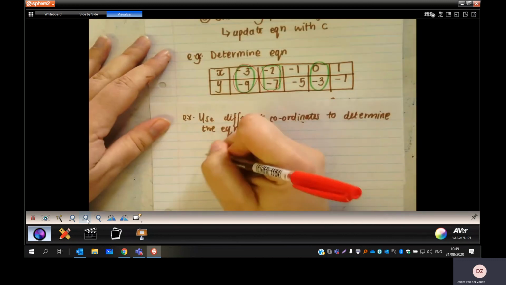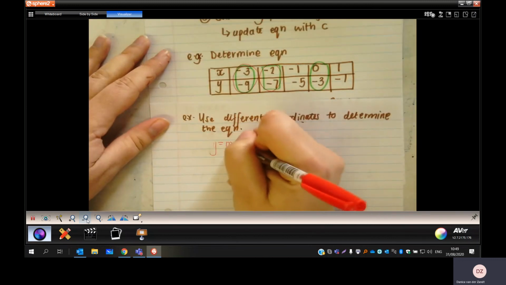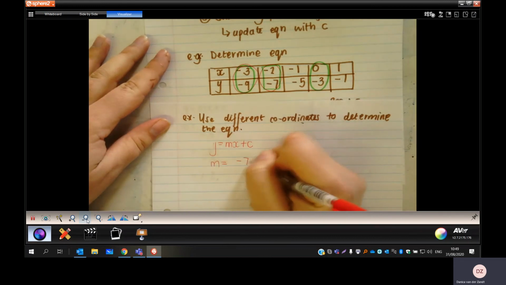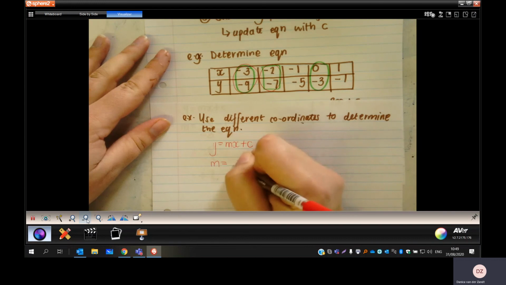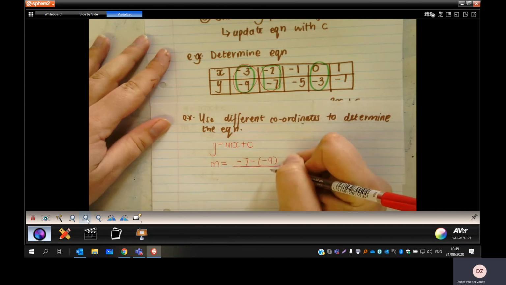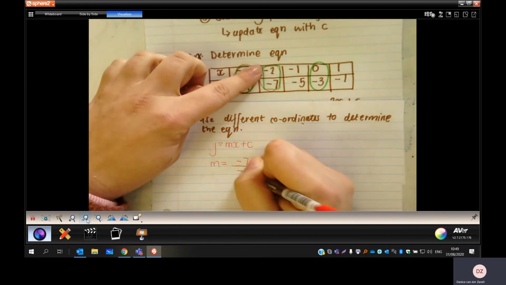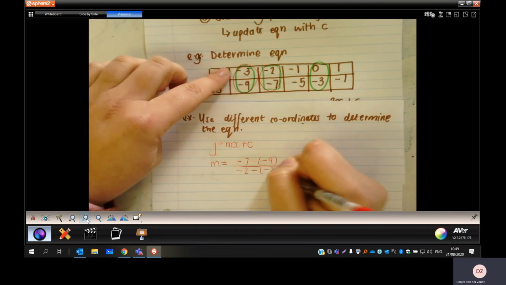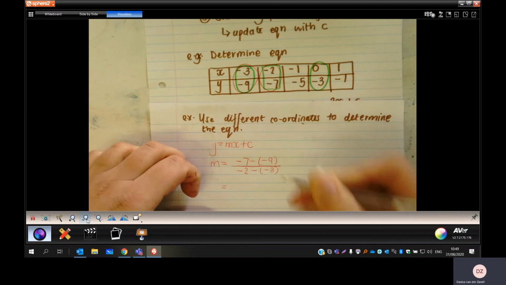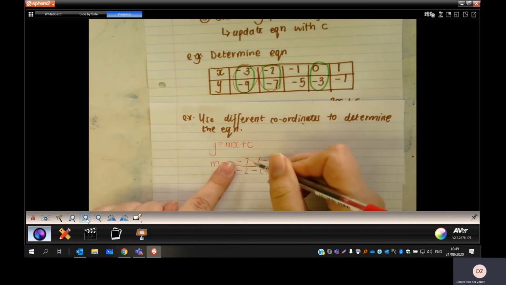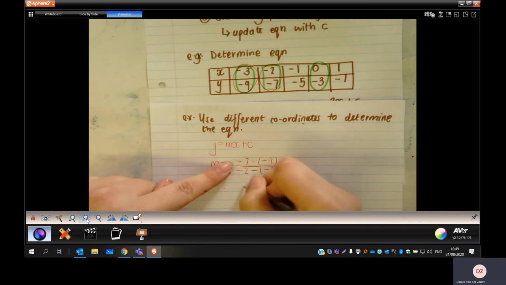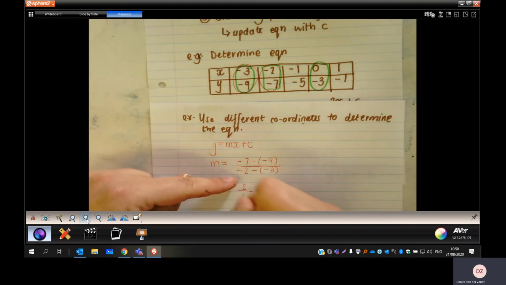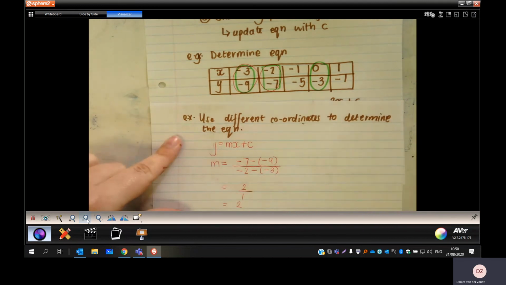So let's see, we have y equals mx plus c. What I'm trying to get, my gradient, I would say -7 minus -9. And once again, it doesn't matter which one I put first, as long as my -7 has its partner of x of -2 and -9 has its partner of -3. So -7 plus 9 is going to give me 2. -2 plus 3 is going to give me +1. So my gradient is 2.